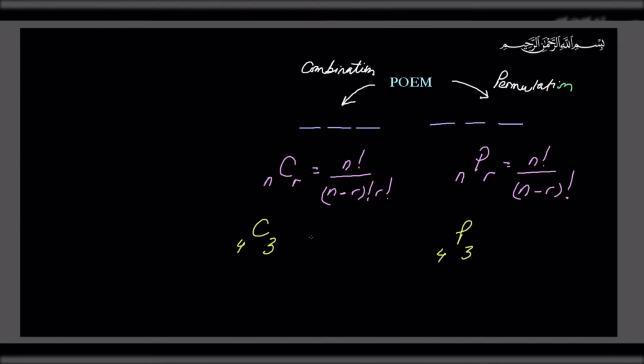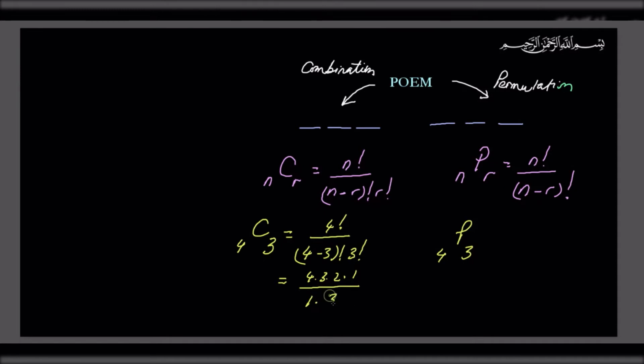So you can say n is 4 and r is 3. So this would be 4 factorial over 4 minus 3 factorial times 3 factorial. And if you just do this, 4 factorial is 4 times 3 times 2 times 1. And then 4 minus 3 is just 1. 1 factorial is just 1.